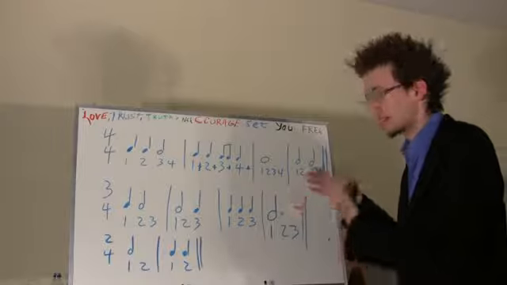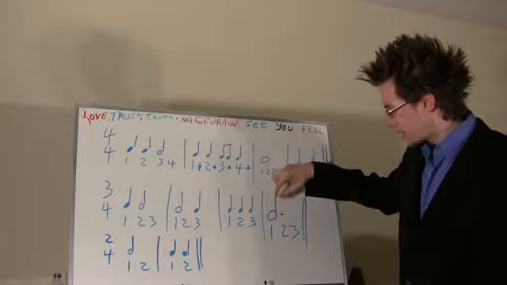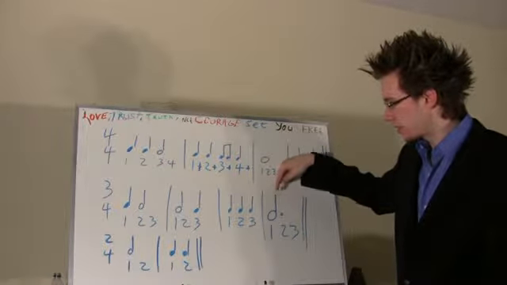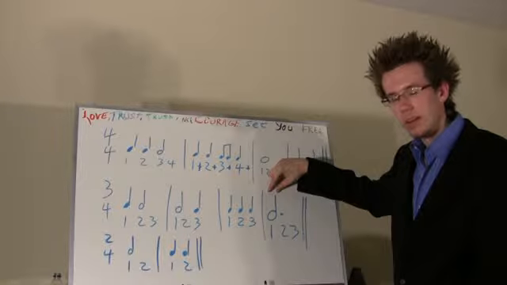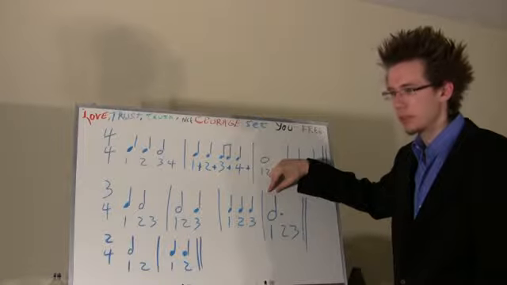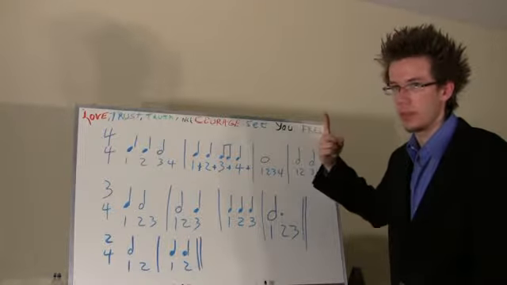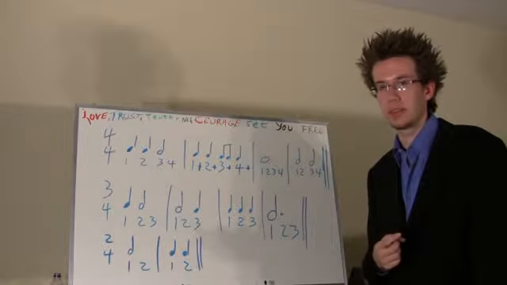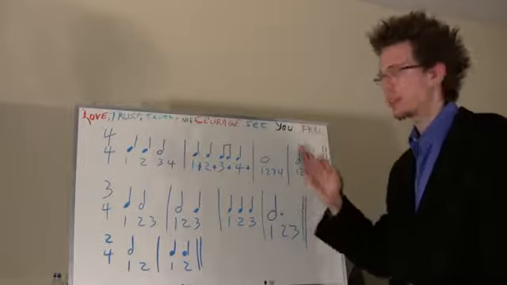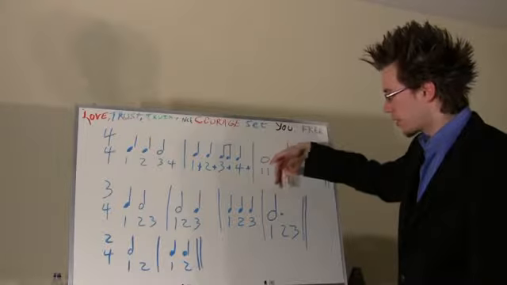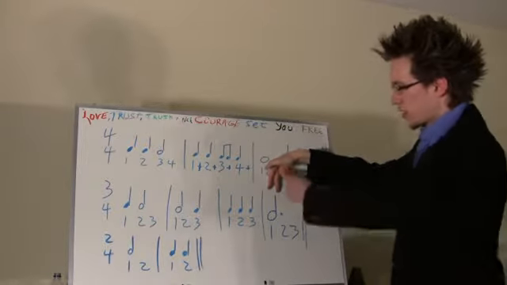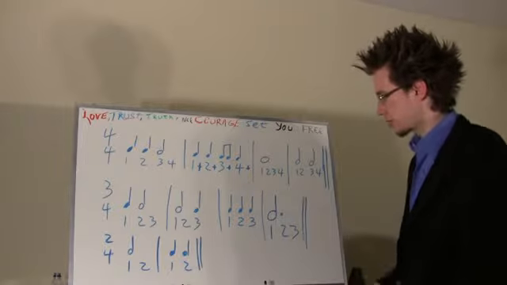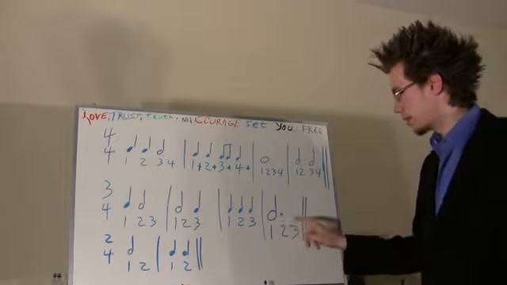So in easy terms, think of it like this. There's one quarter note and another quarter note in here. So what's half of 2 quarter notes? 1 quarter note. So we add another quarter note to those 2 quarter notes, so we add 50% to that. So 1 quarter note and 1 quarter note plus another quarter note is 3 quarter notes, and that equals 3 beats, 1, 2, 3.